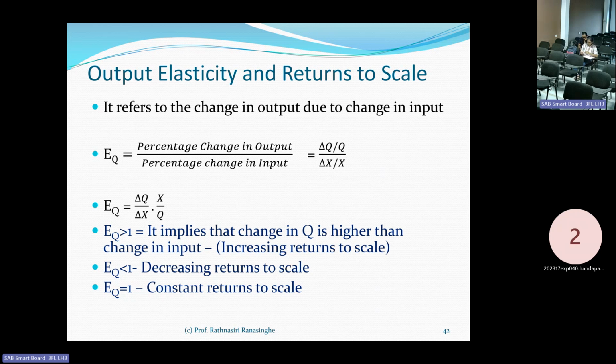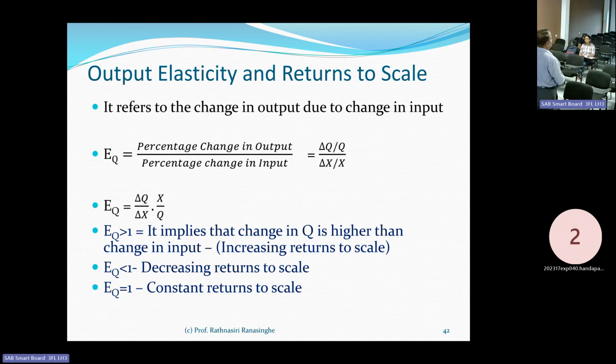Now we know that in the long run, all the variables, all the inputs, we can change in order to determine the appropriate output level. With respect to changing these variable inputs and how the output responds, we can measure that. That is elasticity.